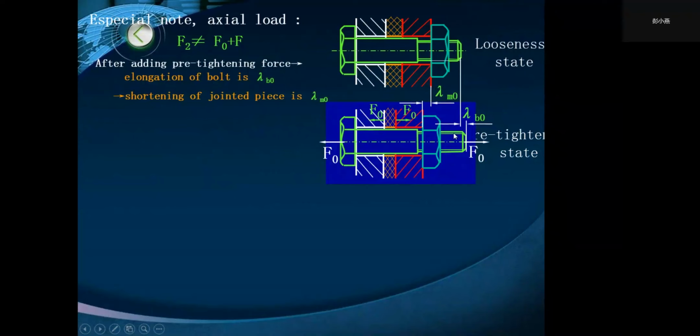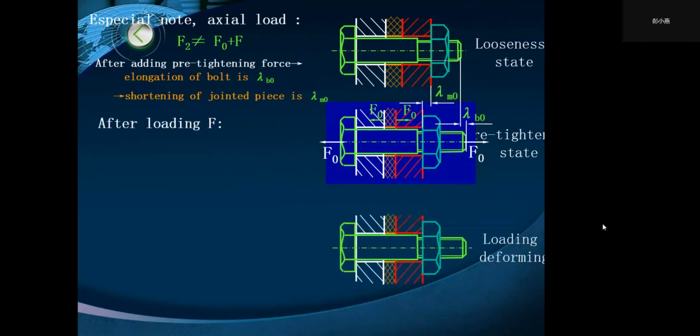After preload, the bolt elongates by lambda B0 and the members are compressed by lambda M0.